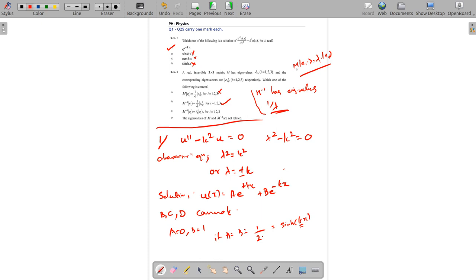So option B is true, option C is wrong. Option D says eigenvalues of M and M inverse are not related, which is not true. They are related, reciprocals of each other. So that's it. Question number 2.